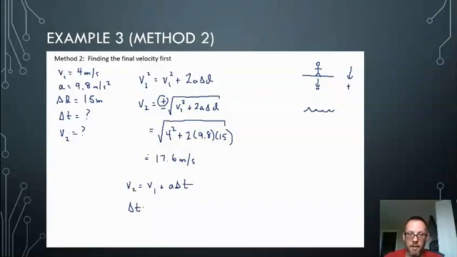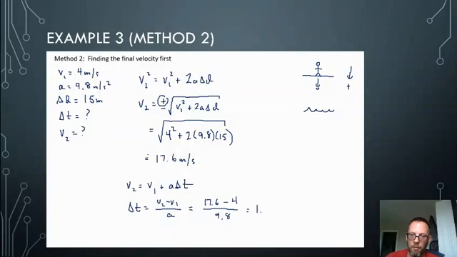So we can find delta T by solving for this: V2 minus V1 divided by a, 17.6, roughly, minus 4, divided by the acceleration, 9.8. One thing to keep in mind is we did round to get this V2, whereas in our quadratic formula we did less rounding. So our answers should match up pretty well, but could be slightly off depending on the method we chose.